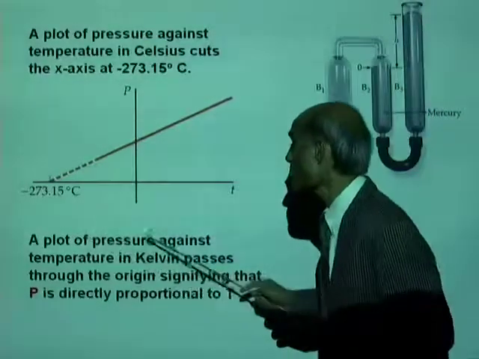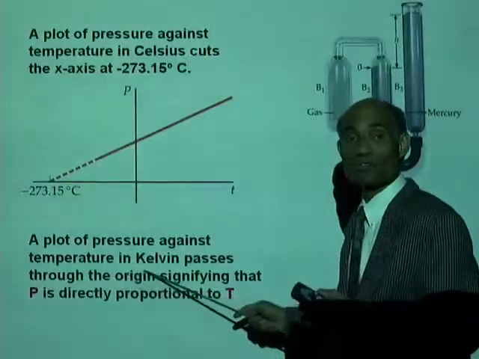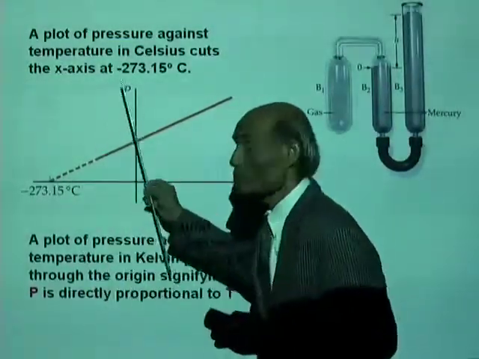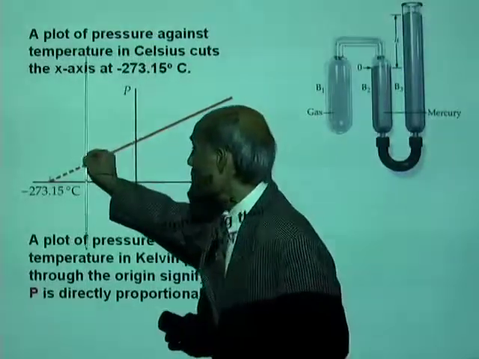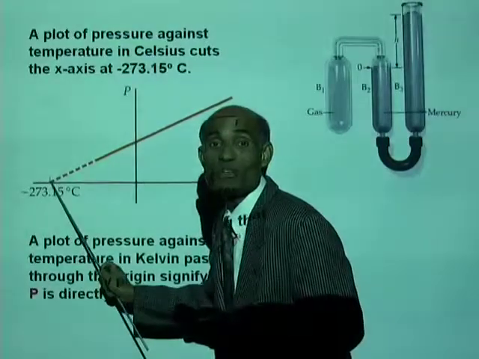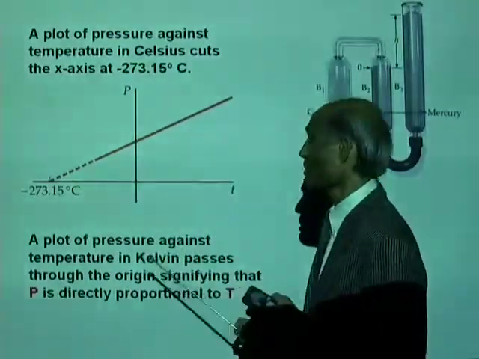So a plot of pressure against temperature in Kelvin passes through the origin. If you move the pressure axis all the way to there, then 0 Kelvin will be the origin, and the graph now starts at the origin.